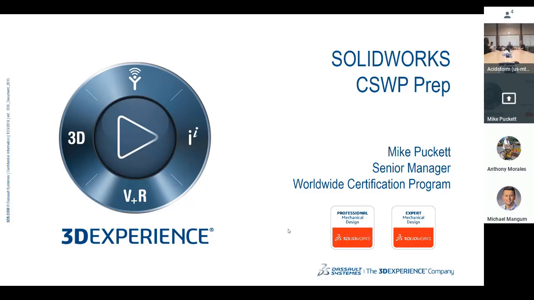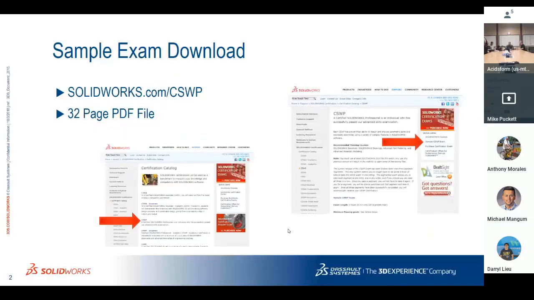If there are any questions, pose them as we go along, but we'll work through this stuff. What I'm going to do is show you how we work through a sample exam. We offer sample exams for all of our certification exams except the top level one, the expert exam.